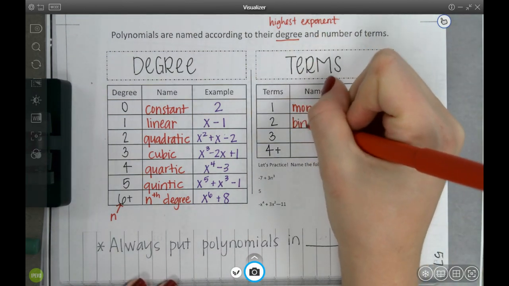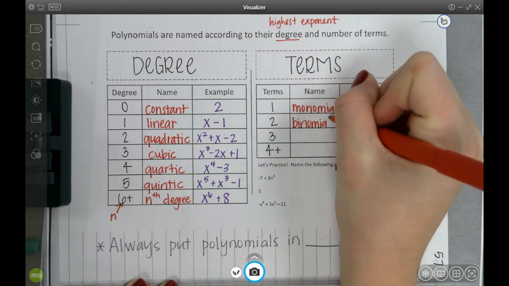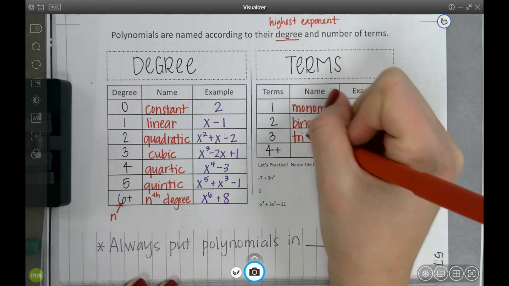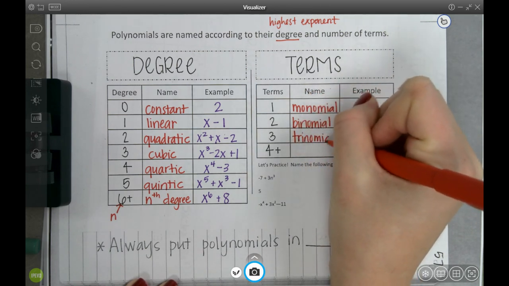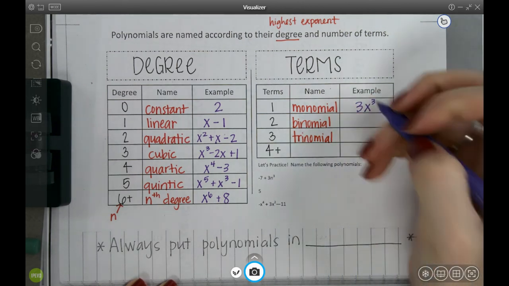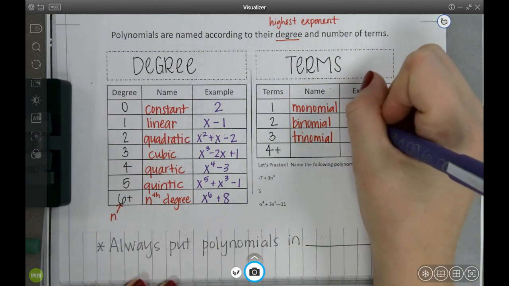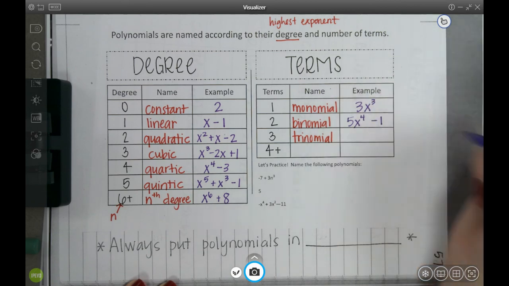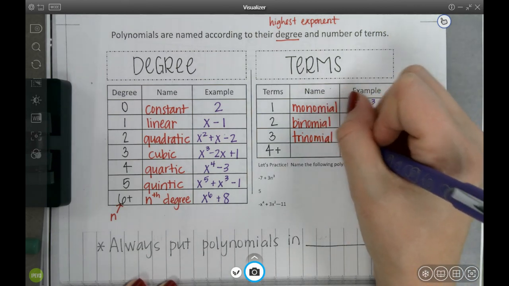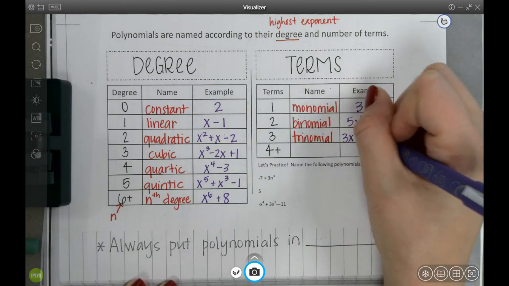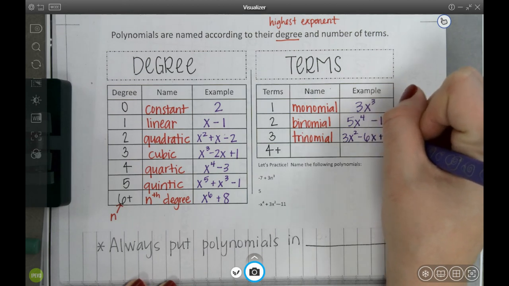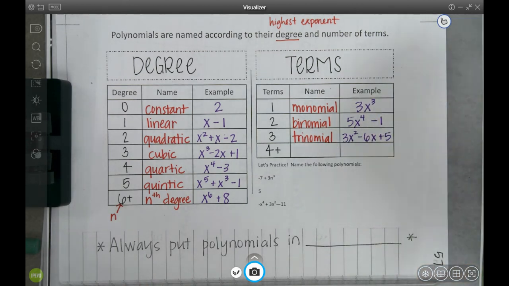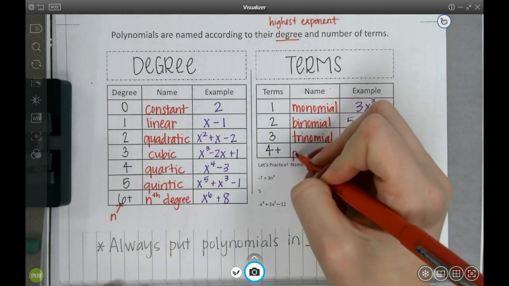And 3 terms is a trinomial. And then if it's 4 or more, it's just called a polynomial.